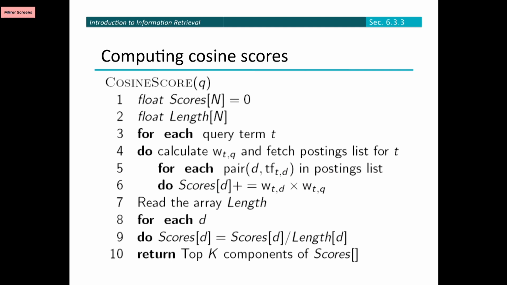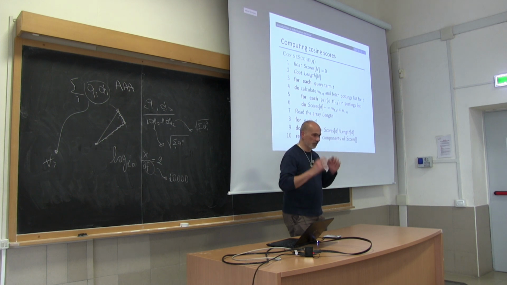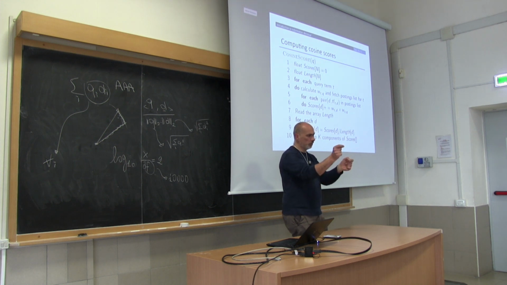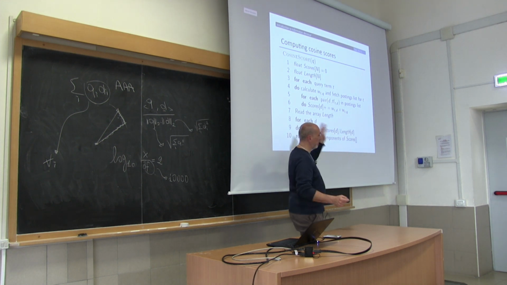So is this going to be efficient? What can we do? Think of what we have to do. I give you a query. We have to look up the posting list of every term. Is this going to be fast? I have to look up the head of the posting list.